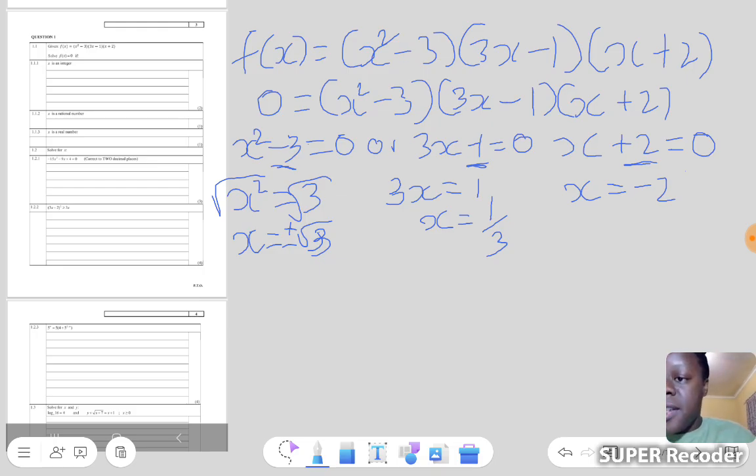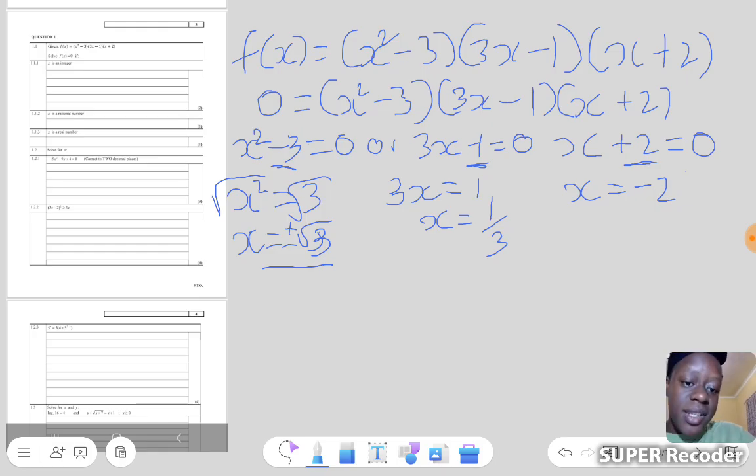So now, 1.1.1 states that we solve for f of x, solving x where x is an integer. Remember that an integer is a whole number, whether it's positive or negative, but it does not have to be a decimal or a fraction. So in this case we have x equals to plus or minus root 3.